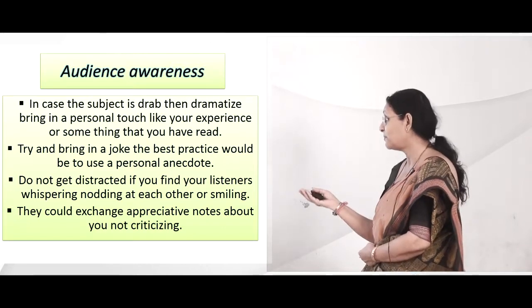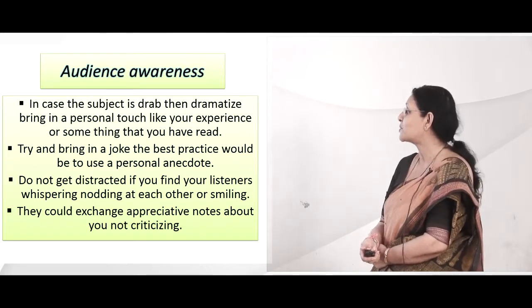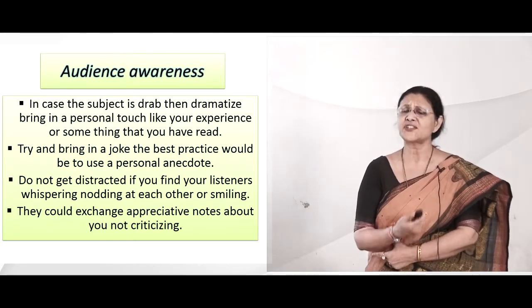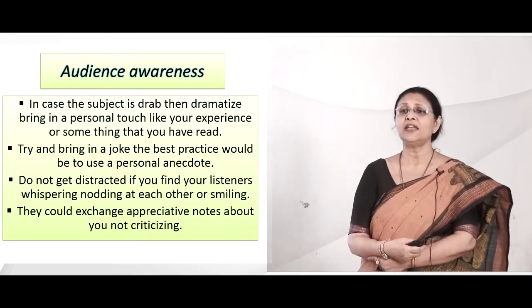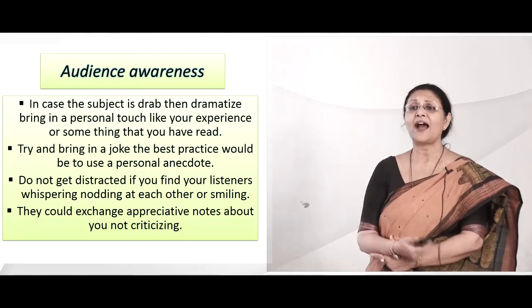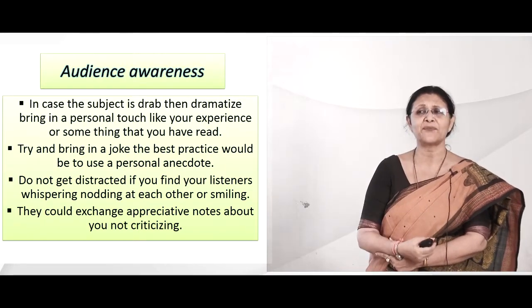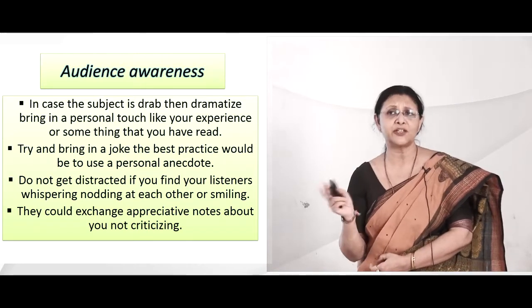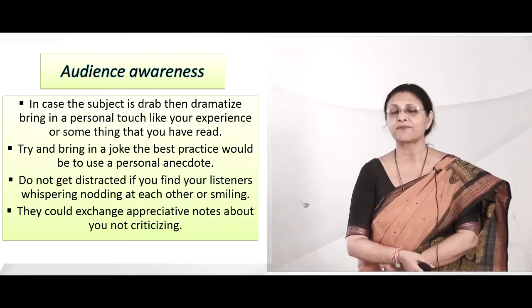Next, very important, don't get distracted if you find your listeners whispering, nodding at each other or smiling. You know, this is a very common feeling that we all have. When we are talking in a group, or maybe two persons, and you've said something and you find that there's a very meaningful glance between the two, or a little exchange of whispers going around.